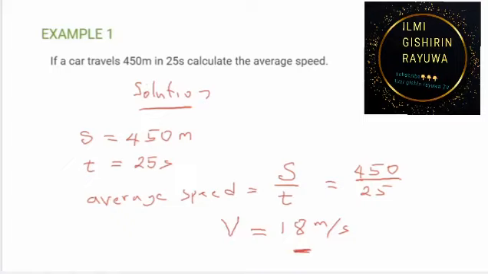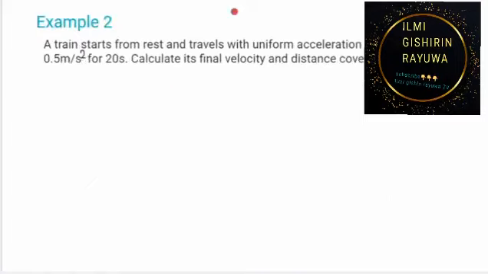Let's go to the next question. Example 2. A train starts from rest and travels with a uniform acceleration of 0.5 meters per second square for 20 seconds. Calculate its final velocity and distance covered. So we're looking for final velocity and the distance covered.